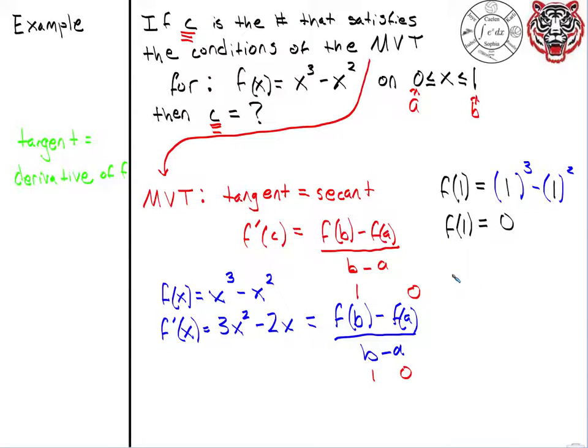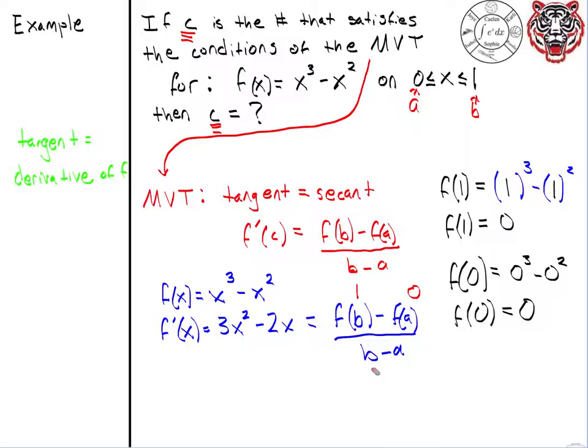So f of a, that means f of 0. F of 0 is 0 cubed minus 0 squared. And again, f of 0 is 0. So plugging back into our formula, let me give myself some more room down here.